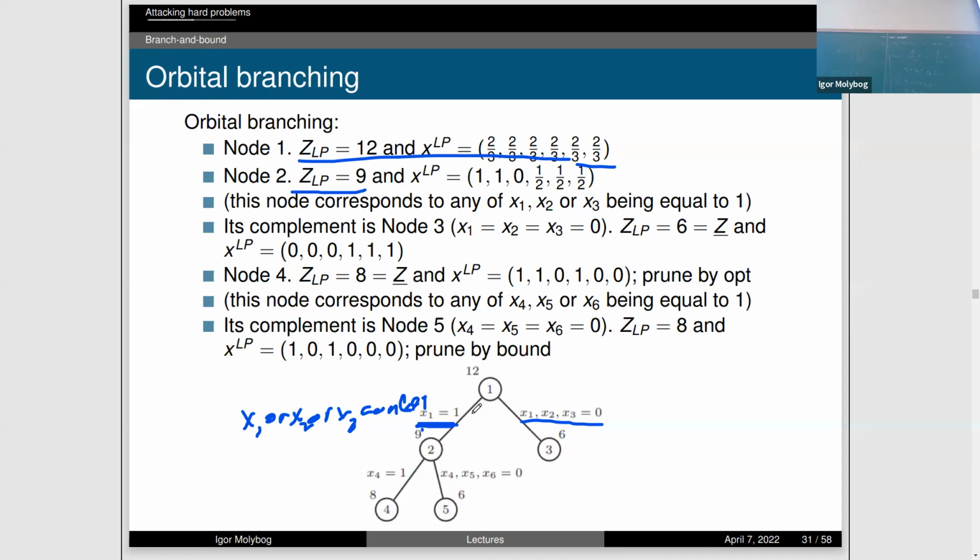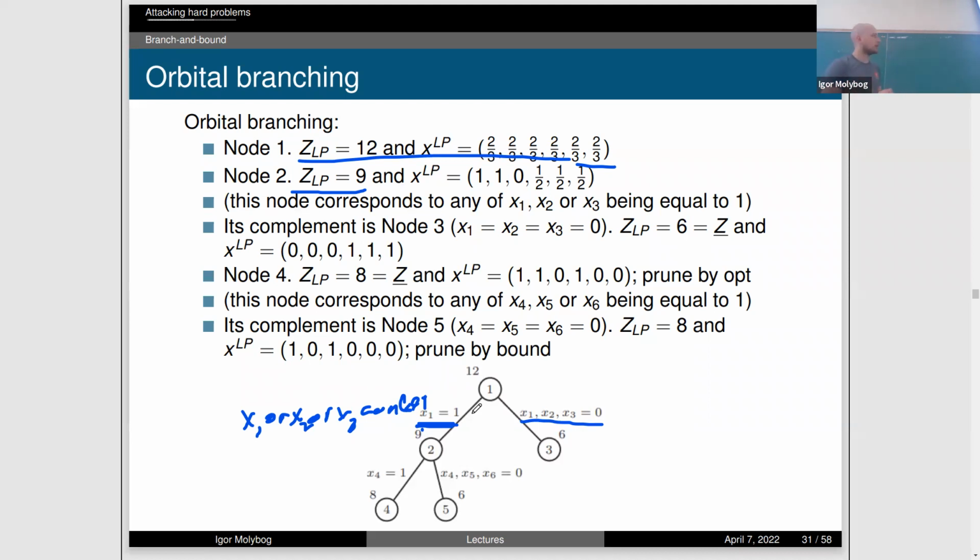Just because of this permutation. That is just one example of a permutation.